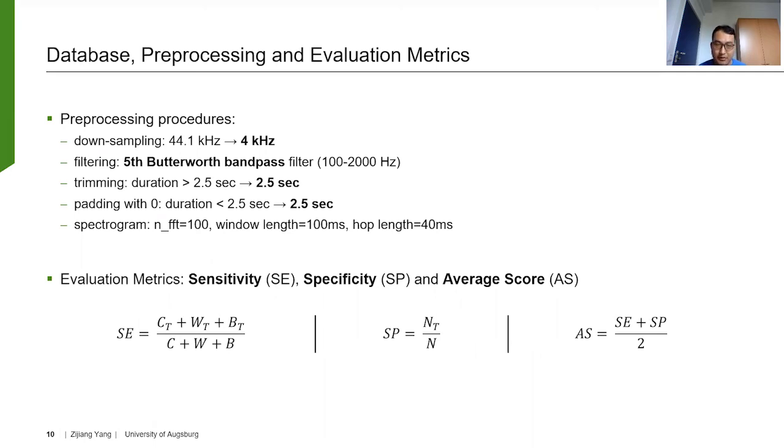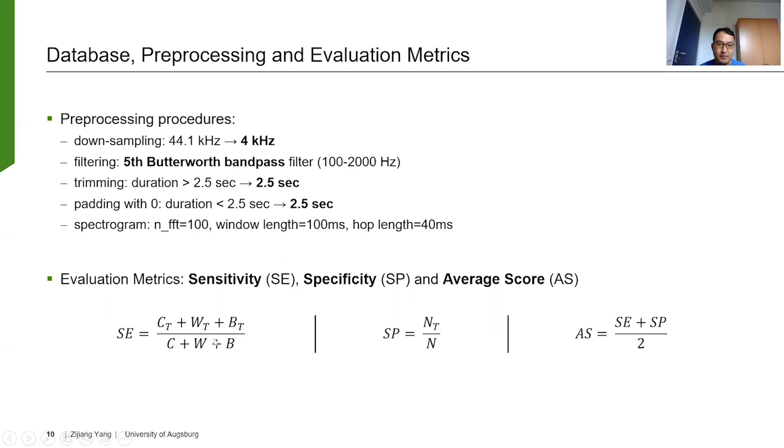The evaluation metrics include sensitivity, specificity, and the average score. In the equation of the sensitivity, CT, WT, BT mean the number of correctly classified crackle, wheeze, and both samples.